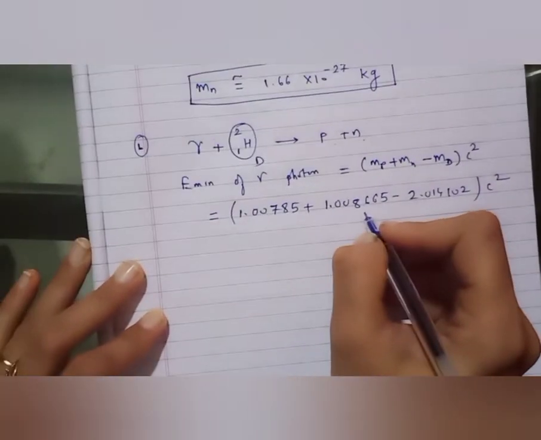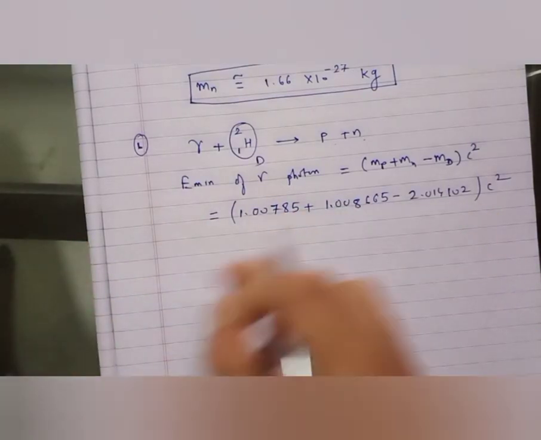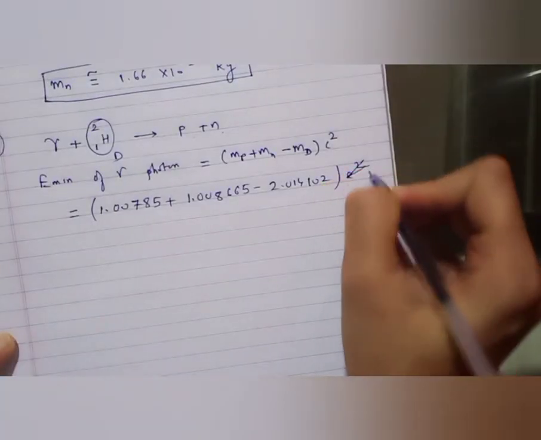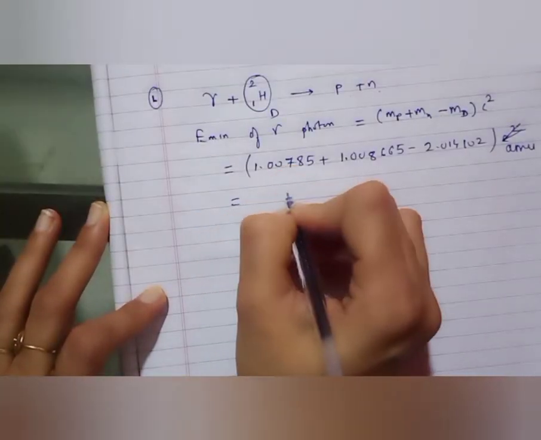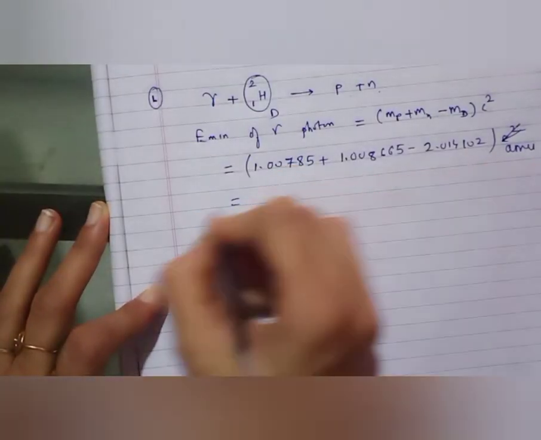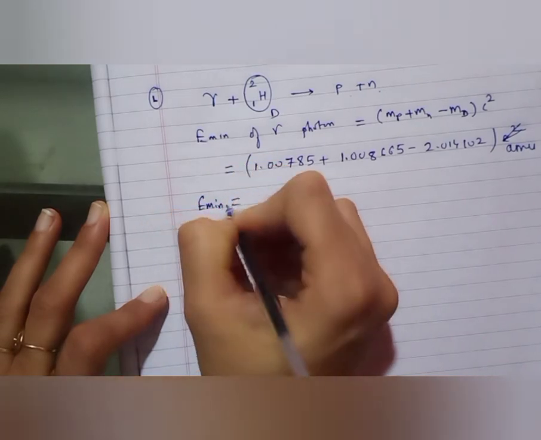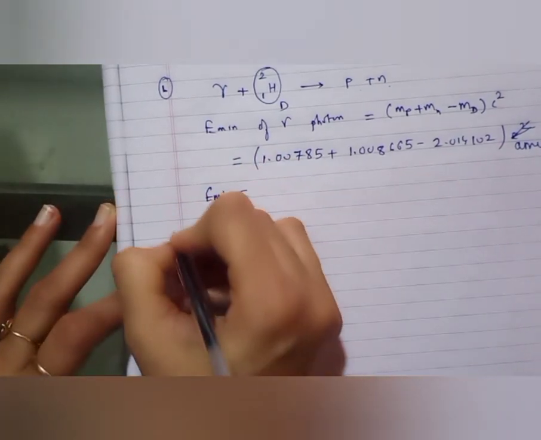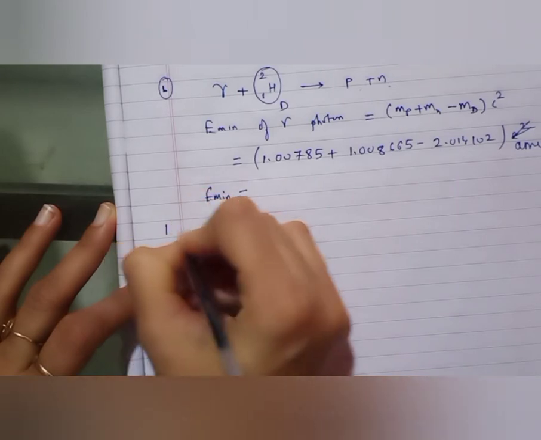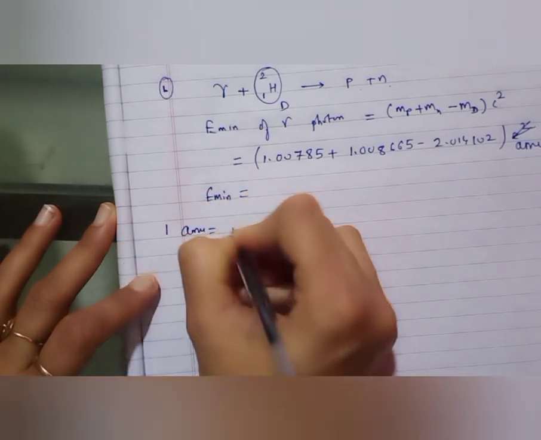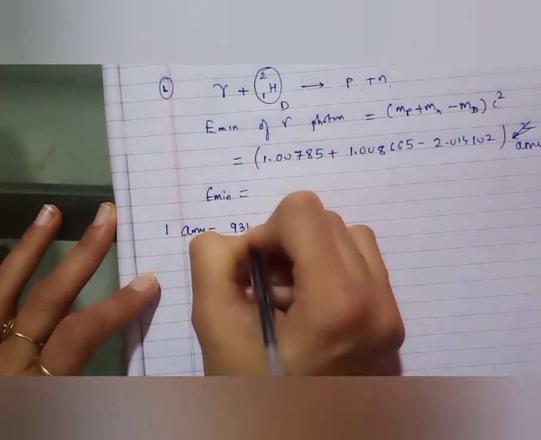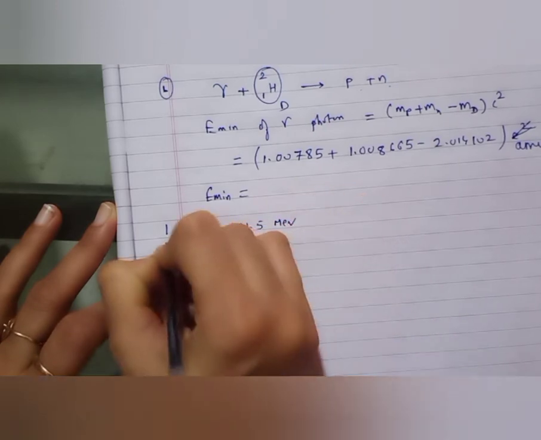If you calculate this, you can simply find this value in AMU. We do not multiply by c square. We will find this value in AMU, so whatever value you get will be in AMU. Now suppose I want to find the energy in million electron volt. We know that 1 AMU equals 931.5 MeV. You know this relation.